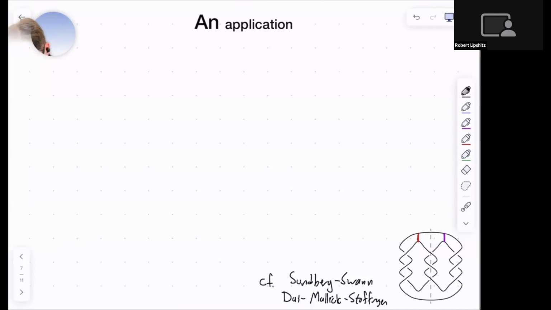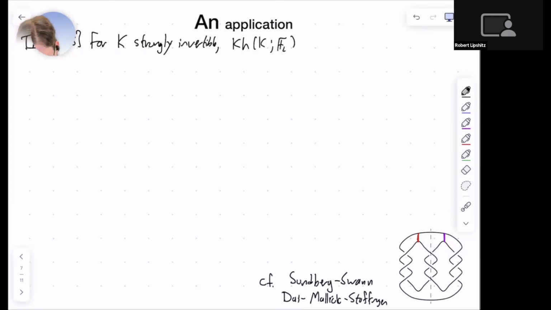So again, what was our theorem? The main theorem was that for K strongly invertible, there's a spectral sequence from the Khovanov homology of K to some version of Khovanov homology of its quotient.